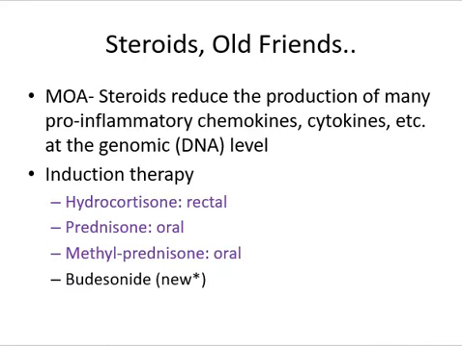The first group of drugs that are actually quite good at inhibiting the immune system are our old friends, the steroids. These reduce production of many of the pro-inflammatory chemokines and cytokines at the genomic level that really drive disease progression.